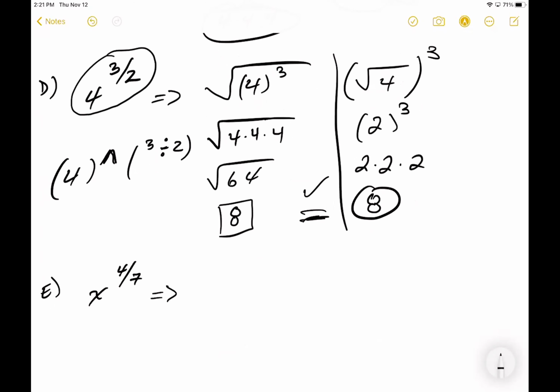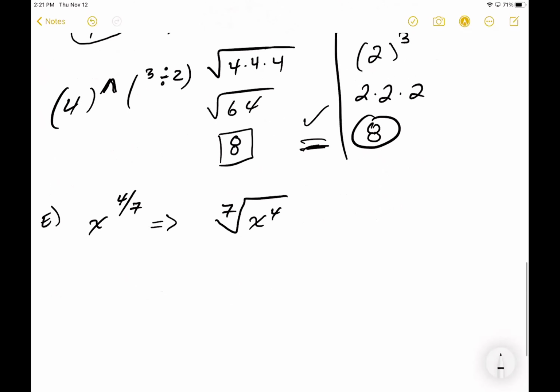As you can see, this is basically the power over the root. The power is 4. The root is the 7th root. So any question, ladies and gentlemen, in terms of how to convert from exponential to radical, or from radical back to exponential?